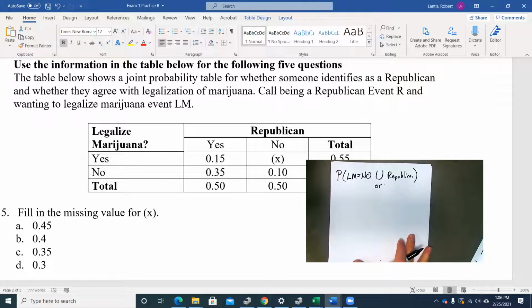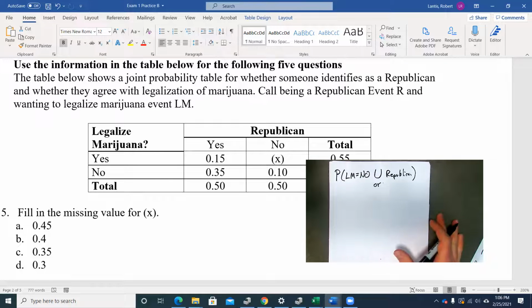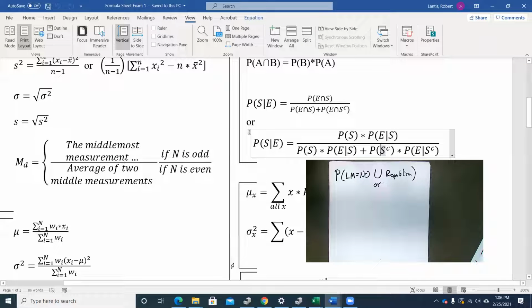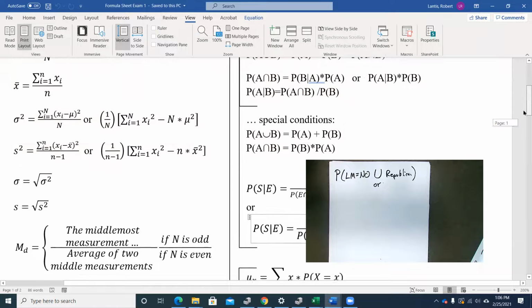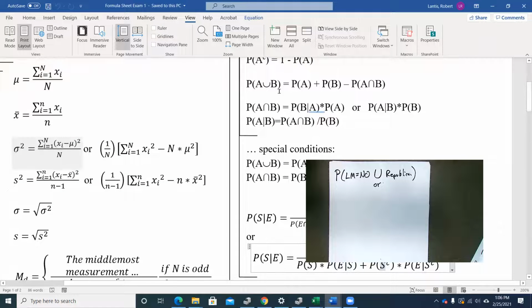So if that's what I wanted to find, we didn't cover that, but if we go to our formula sheet and go up here, remember we said the union of two events is simply the probability of each event added together. But then we had to subtract whatever was in both, right? So we didn't double count it, right? We counted it twice, so if we subtracted out once, we only counted it once.